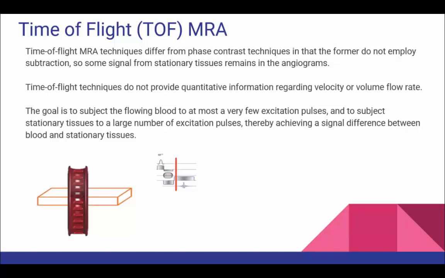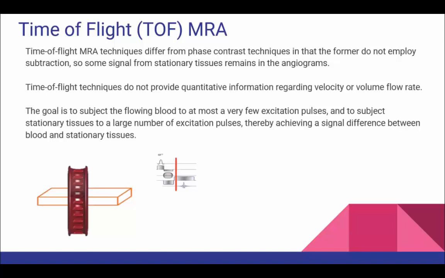Time-of-flight techniques derive contrast between flowing blood and stationary tissues by manipulating the magnitude of the magnetization such that it is large for moving blood and small for stationary tissues. This leads to a large signal from moving blood and a diminished signal from stationary tissues.